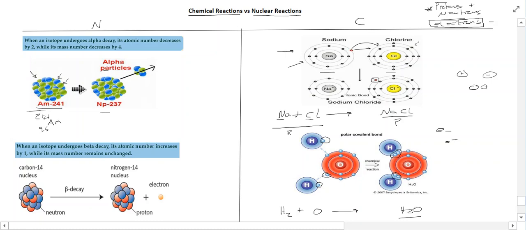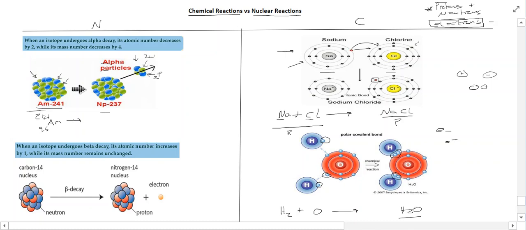During a nuclear reaction, and in this case we're talking about alpha decay, this americium nucleus starts to break down and jettison off. As we can see here, it generates these alpha particles. An alpha particle is made up of protons and neutrons: 2 protons and 2 neutrons.